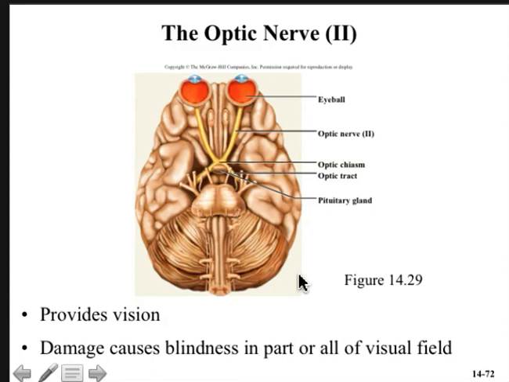This gives us the ability to see in 3 dimensions so that we can judge things like distance. And again, this is a purely sensory nerve, one of only 2 by a strict definition.